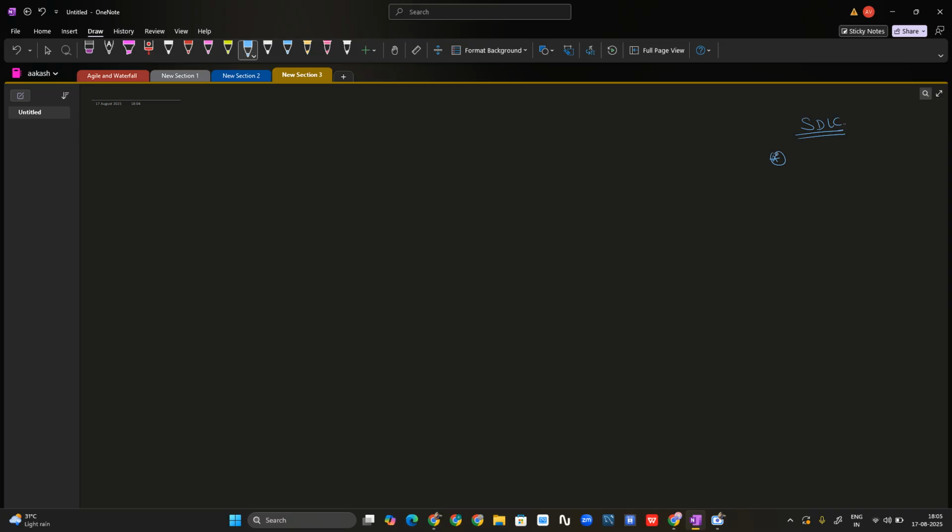The very first point is requirement gathering and requirement elicitation. Then the second point is planning and analysis.